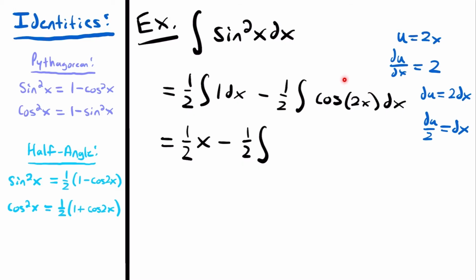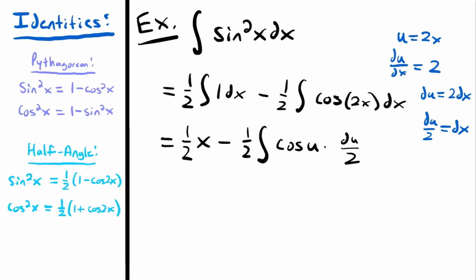Now we can rewrite this integral in terms of u, so we'll have cosine of u times du divided by 2. We replaced 2x with u because that's what we set it equal to, and we replaced dx with du divided by 2 because that's what we found it was equal to.